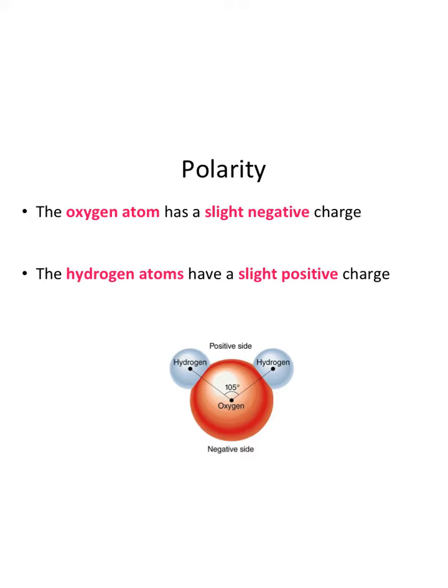So overall, because the electrons are hanging out more often near the oxygen atom, this is going to give the oxygen a slightly negative charge. Electrons are negatively charged, and if they're hanging out more often near the oxygen, on the whole, oxygen is going to have a slight negative charge. So we abbreviate this with this funny looking S and then a negative sign. This means that the oxygen end of the molecule is slightly negative.